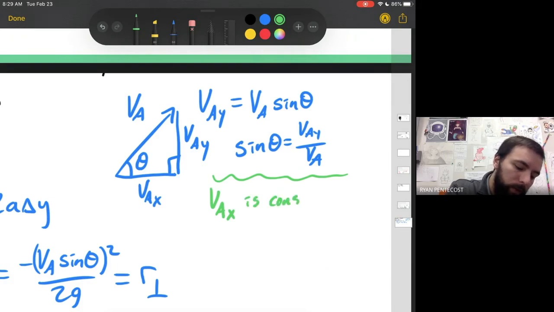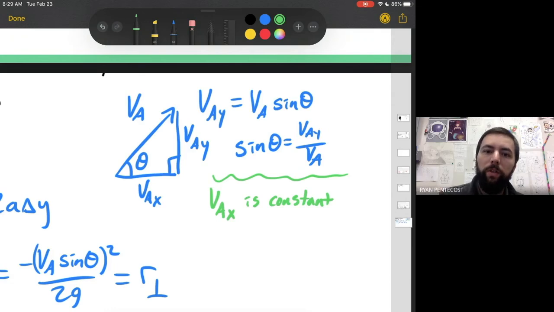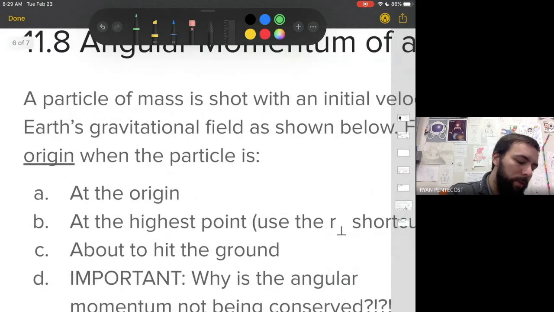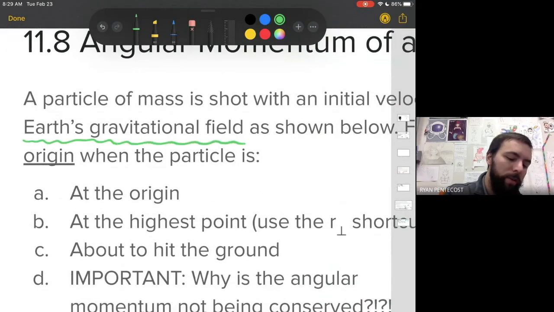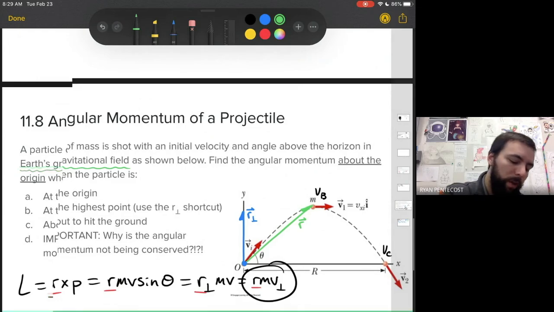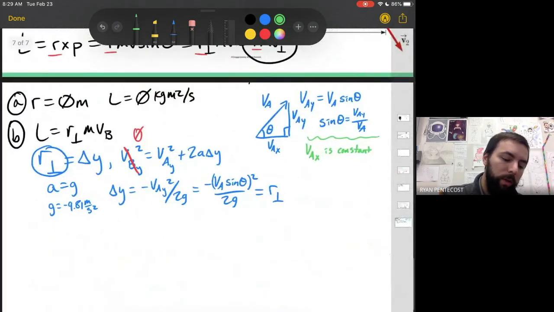This is constant throughout the entire flight because there is no acceleration in the x. We are just in Earth's gravitational field. It mentioned that fact, which I thought was interesting, but that's why they did that. They mentioned that there is Earth's gravitational field, but we are not going to include air drag. So our VAX is going to be constant.